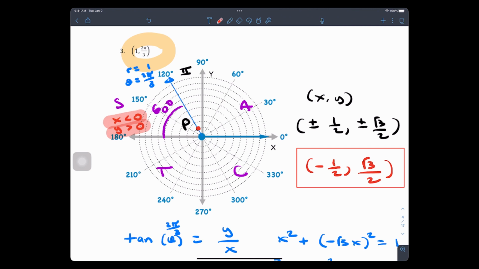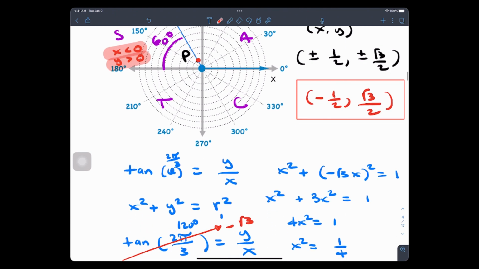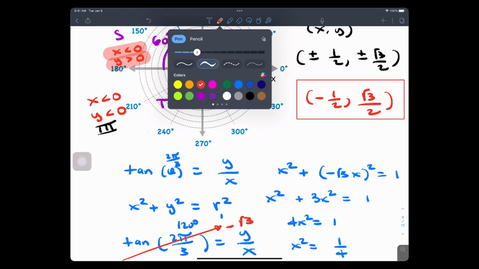So you got to pay attention to those little details. I just want you guys to note in quadrant 3, what do you guys note about the location here? Your x coordinate in quadrant 3 is what? X is negative and y is negative. So I want you guys to be aware. If a point is in quadrant 3, they're both negative.